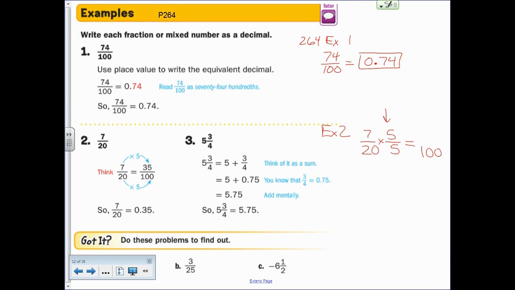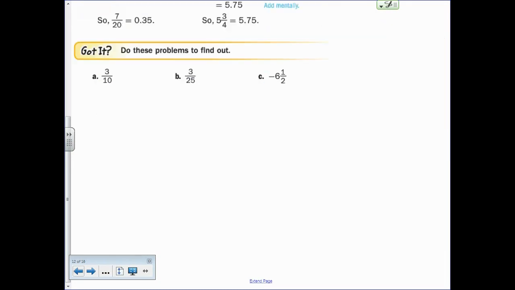And so I get 20 times 5 is 100, and 7 times 5 is 35. So I can write that as a decimal easily by just putting 0.35 or 35 hundredths.